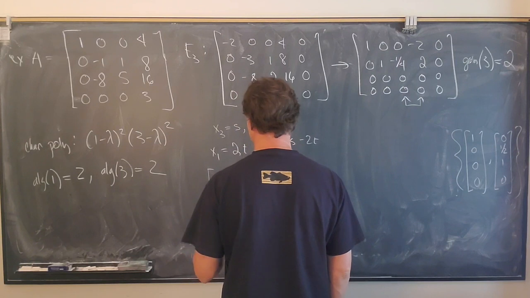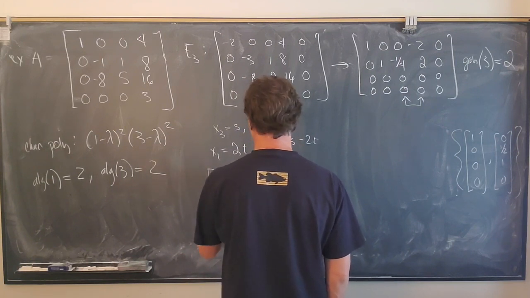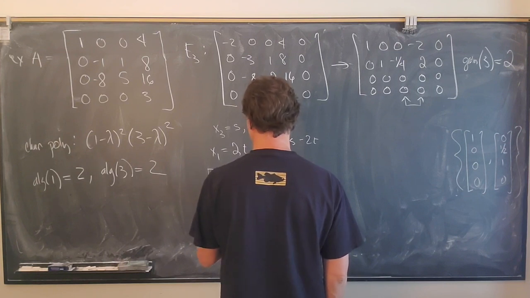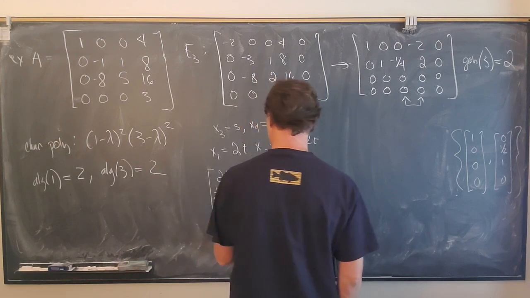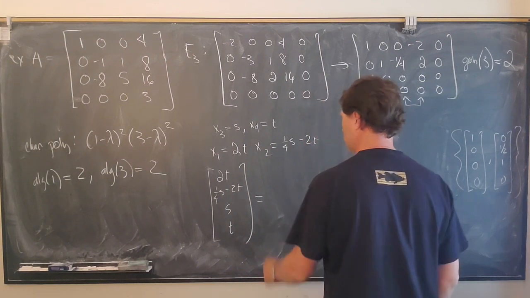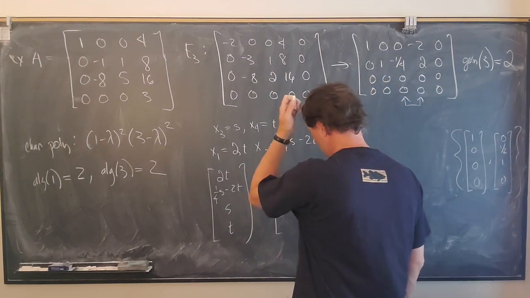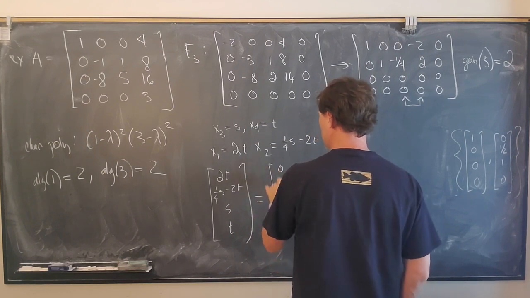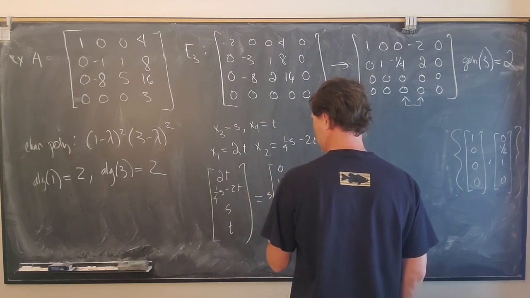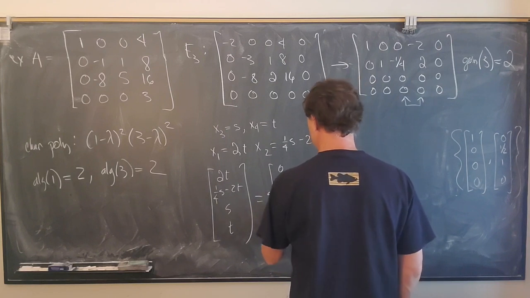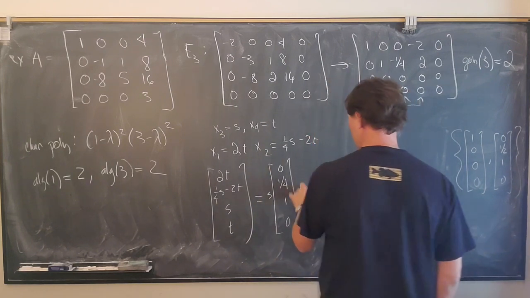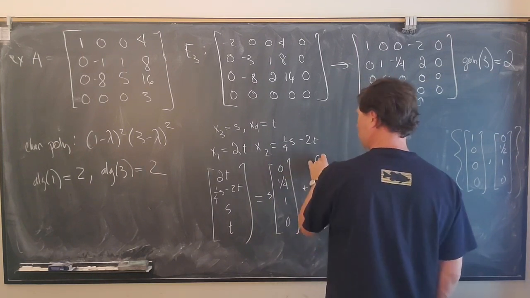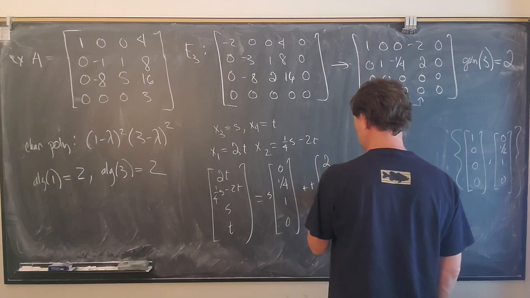So the general solution looks like 2t, 1/4 s minus 2t, s, t, which will be s times 0, 1/4, 1, 0 plus t times 2, -2, 0, 1.